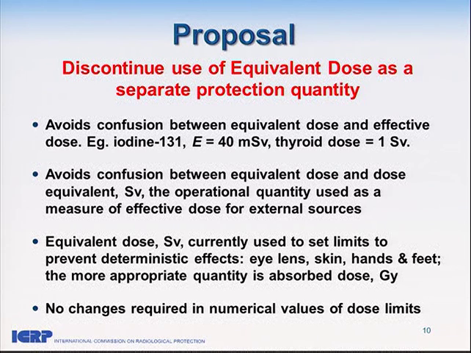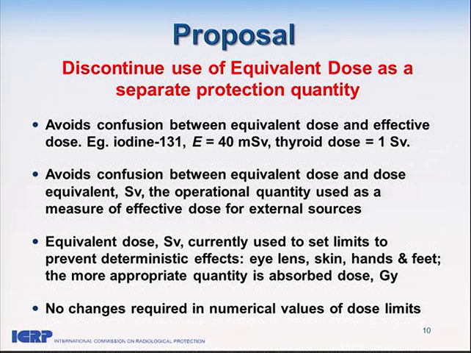So an effective dose of 40 millisieverts, or the thyroid dose of a sievert, what we're suggesting is you would refer to the thyroid dose in grays, and then that would be easily distinguished from the effective dose. And this also avoids the confusion between equivalent dose, the protection quantity, and dose equivalent, the operational quantity used as a measure of effective dose for external sources, as we've already heard.